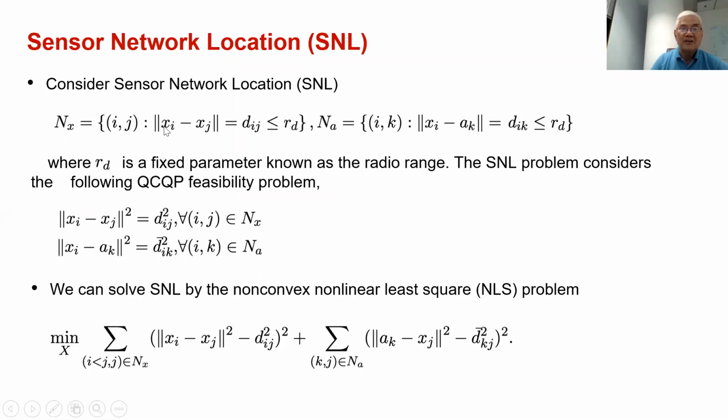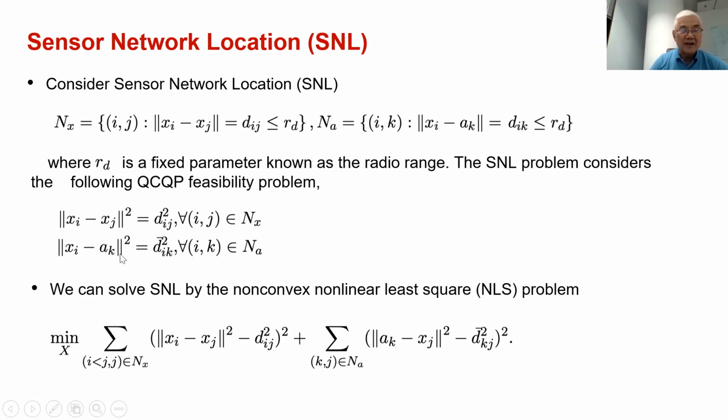Each point xi represents the ith sensor's location. So this problem is like an inverse problem: you know some pairwise distances, and you want to compute the absolute coordinate positions.